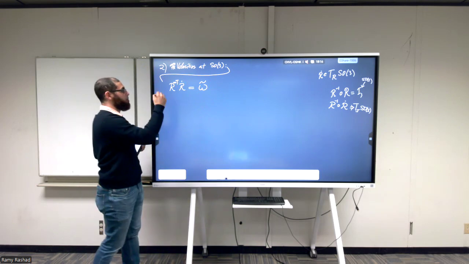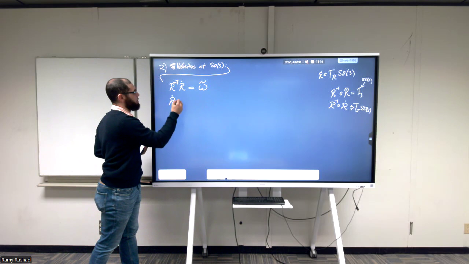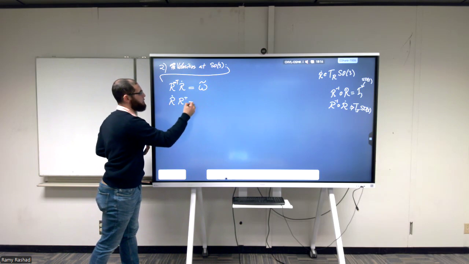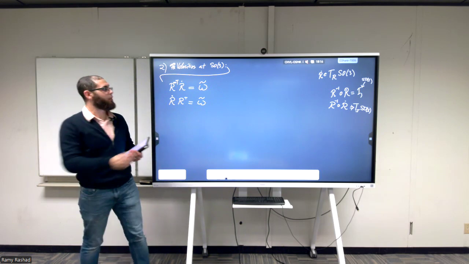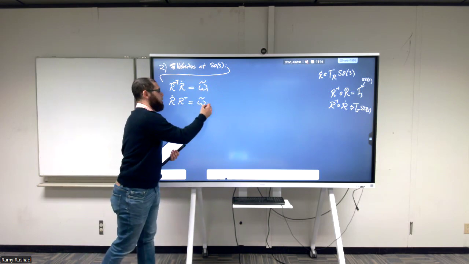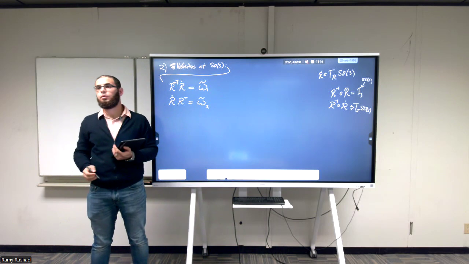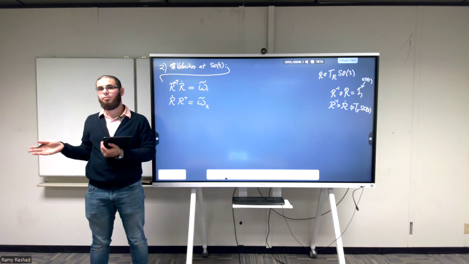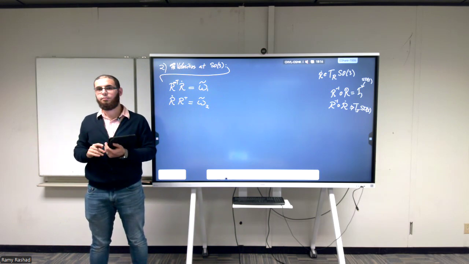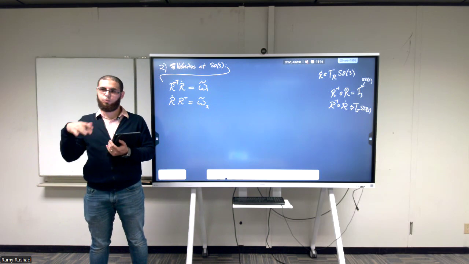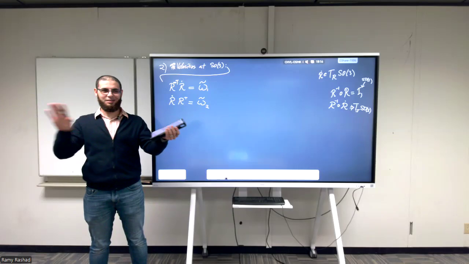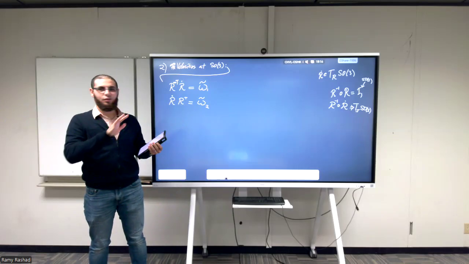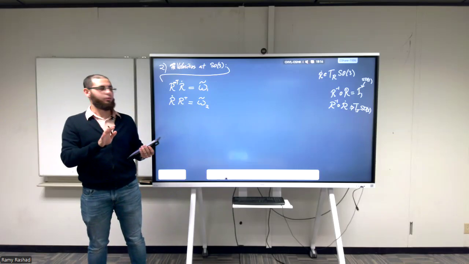I can post multiply R dot by R transpose, and I'm gonna get another omega tilde. So this is omega tilde 1, omega tilde 2. Both of them are in the algebra, but they have different meanings. Now let's put some indices and everything will be clear. It's natural that you're all confused. With some indices, everything will be clear, hopefully.